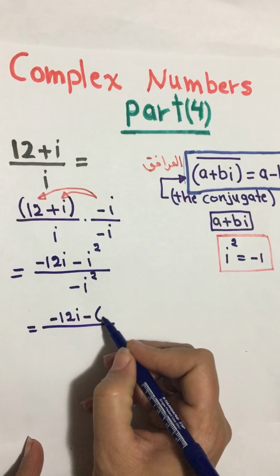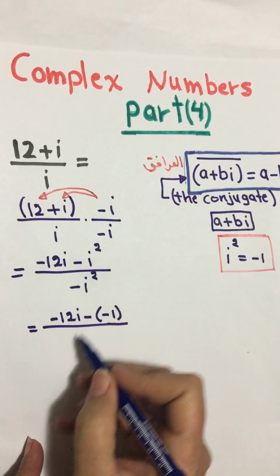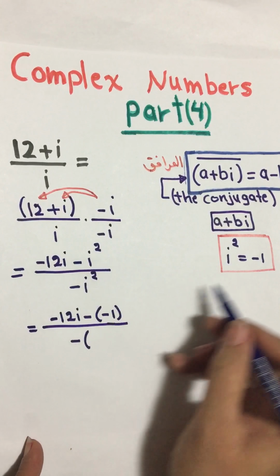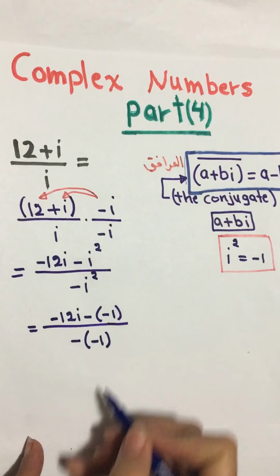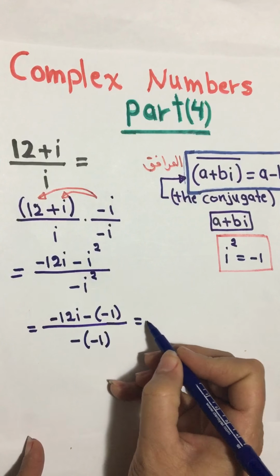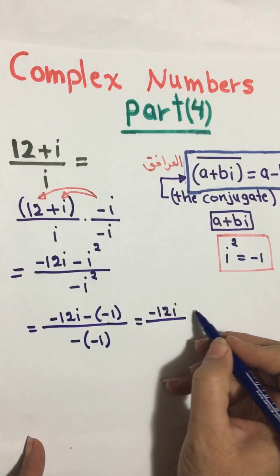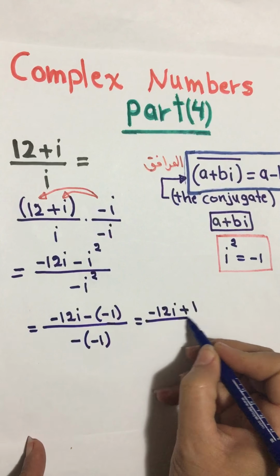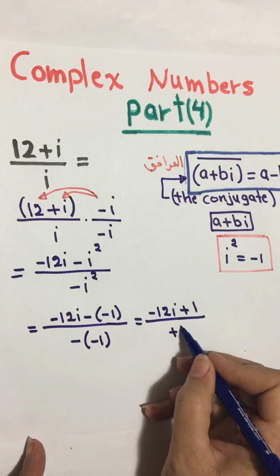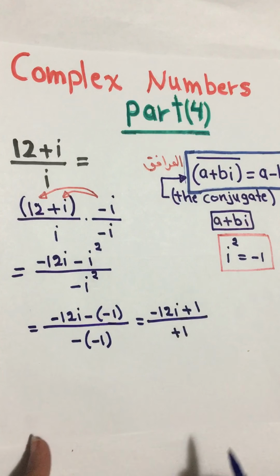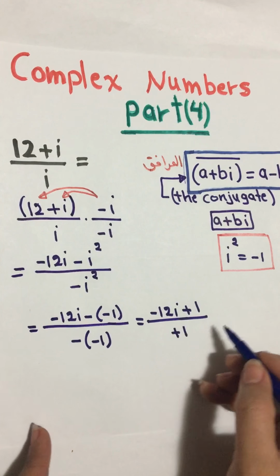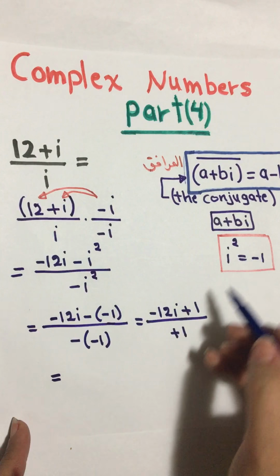So I can have minus negative 1 over minus i squared, negative 1. The answer is going to be negative 12i, negative times negative is positive 1, over positive 1, or 1. So this I can write down as a complex number.